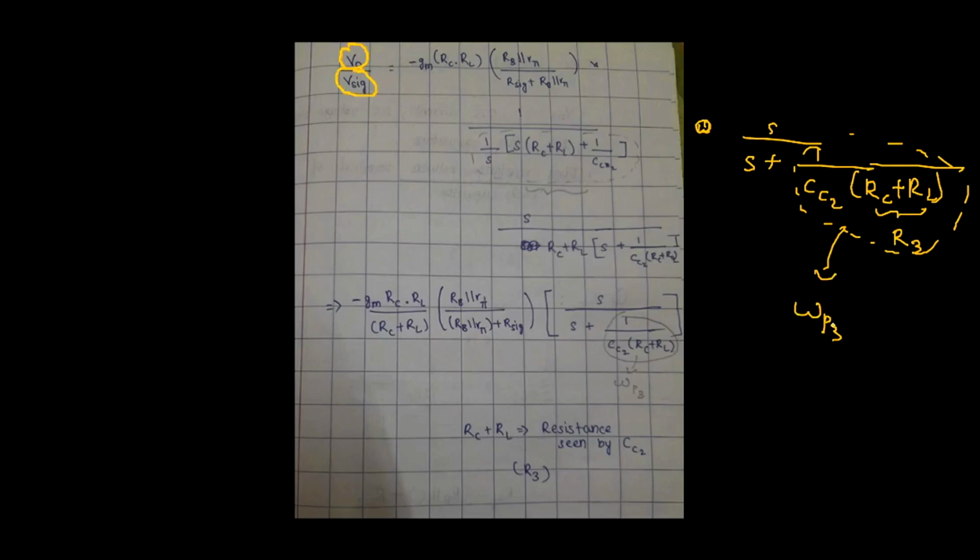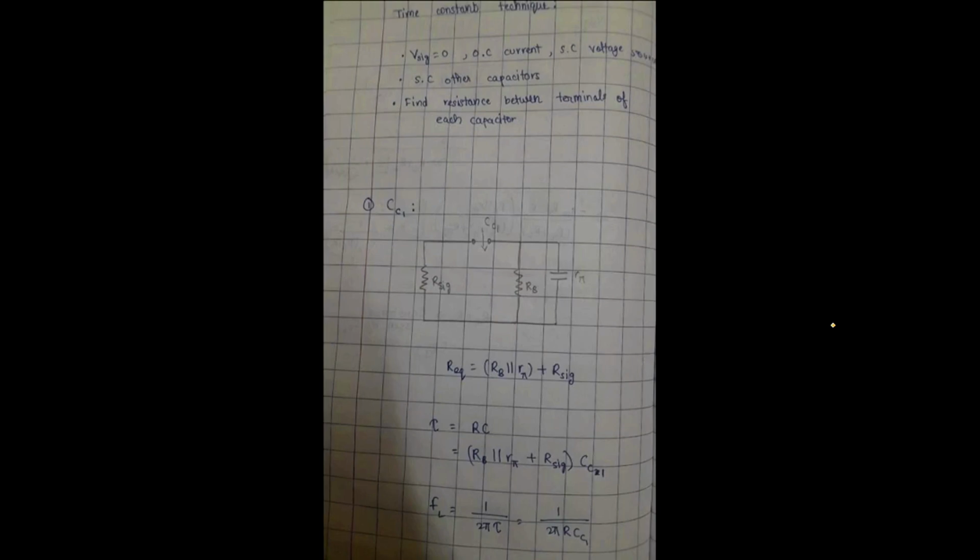So now I have found all three angular frequencies. Before we actually plot them on a Bode plot, let's learn this method, which is much easier and helps us find our angular frequencies really fast.